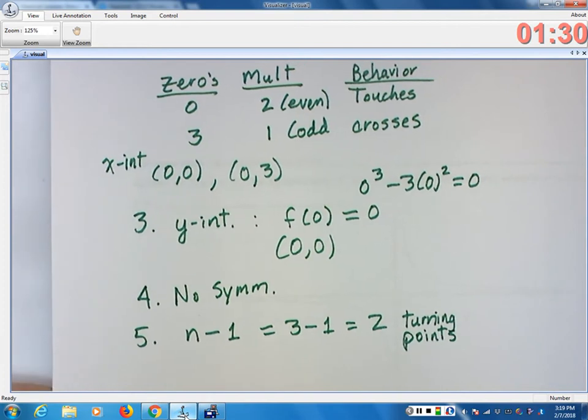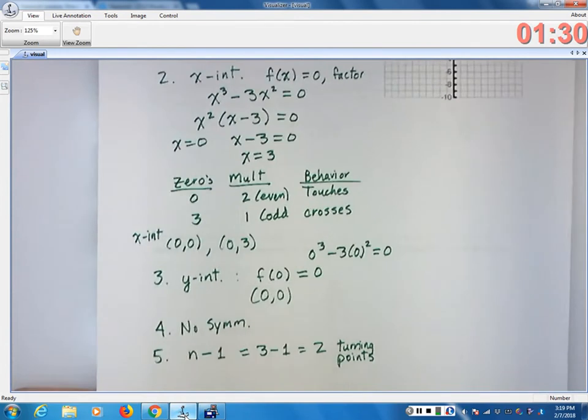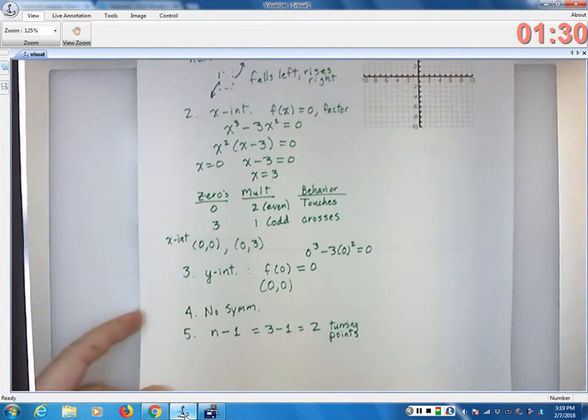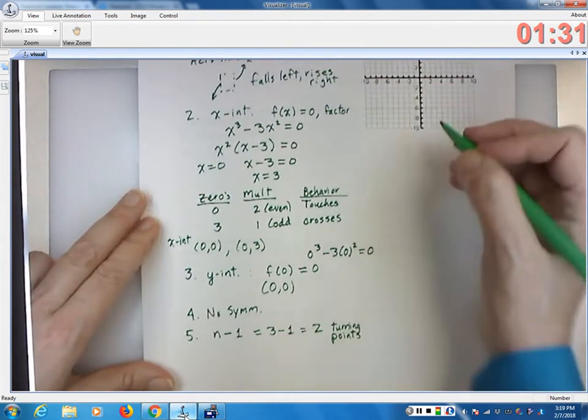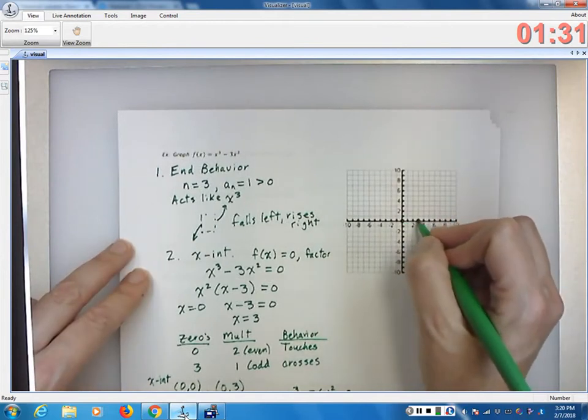So now we're going to graph it. Okay, so we mark the zeros at 0 and 3.